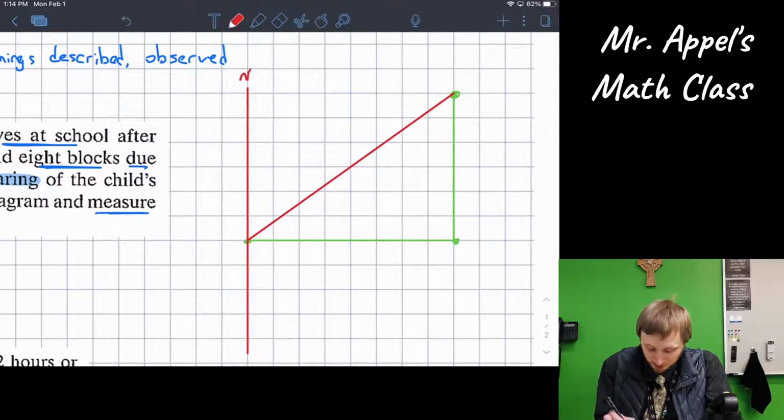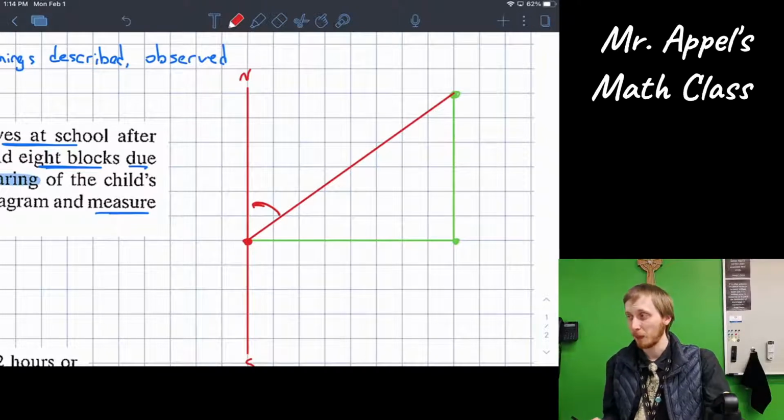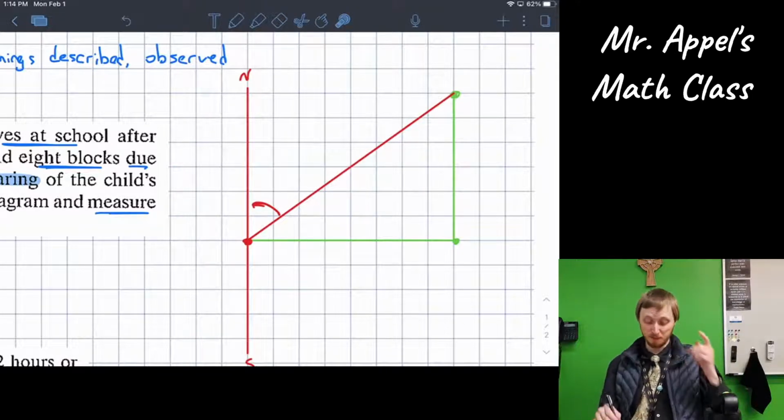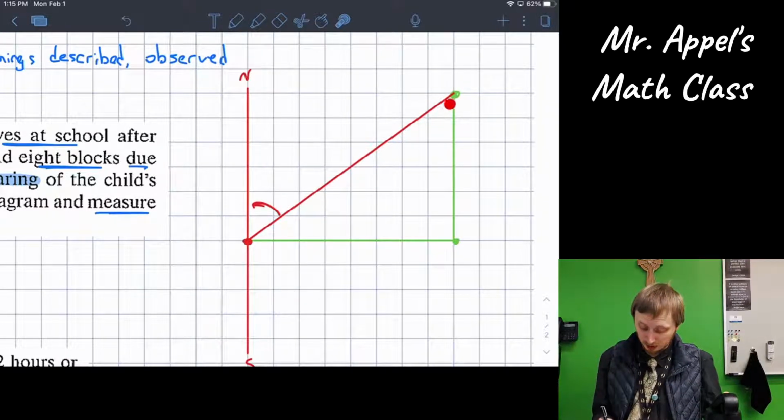Okay, so we've got the north-south line. Here's the school. So we're going to try to measure this angle in here. I think that's pretty accurate. In fact, I feel better about this diagram than if I did it by hand, because the app lets me snap to perfectly straight lines, and I'm like, oh, nice.